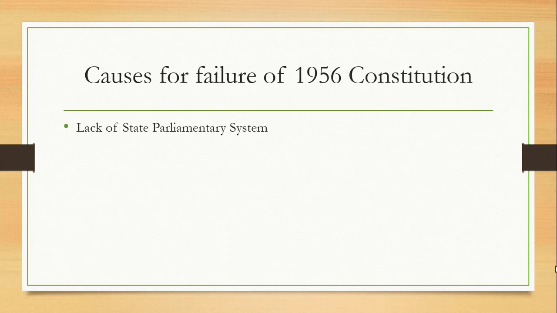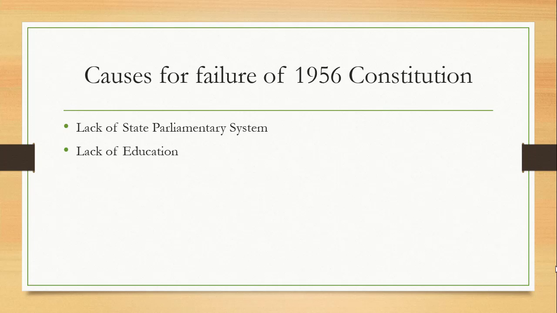Next is lack of state parliamentary system. Dear students, the Constitution of 1956 provided those principles which never proved convenient for the development of the parliamentary system. In this way, the parliamentary system failed to develop under the first constitution of Pakistan.